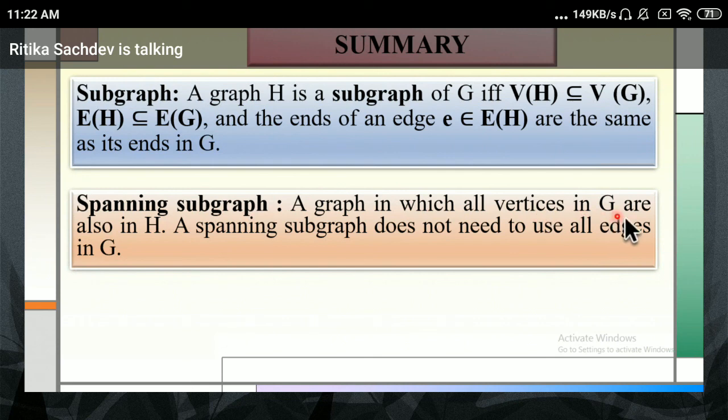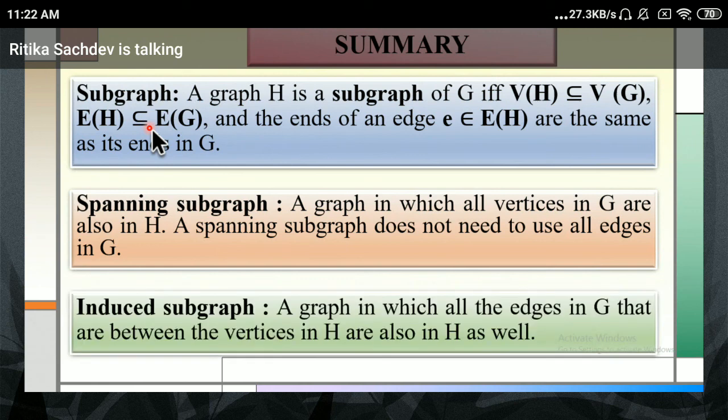A graph in which all vertices in G are also in H. A spanning subgraph does not need to use all the edges in G. So for a spanning subgraph the vertex set should be equal. We don't care about the edge set, in the sense that it should still be a subset, but you can remove some edges from G. You cannot add new edges.